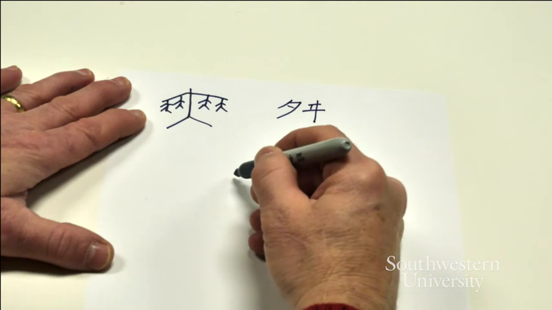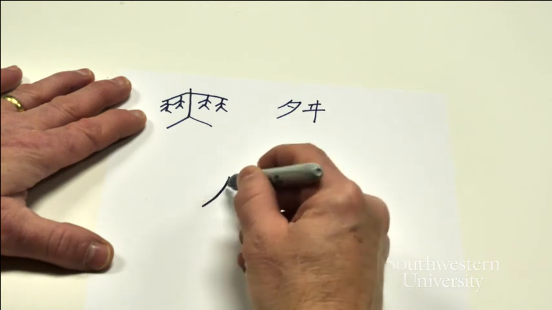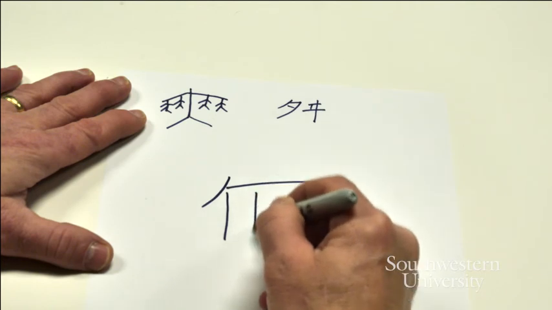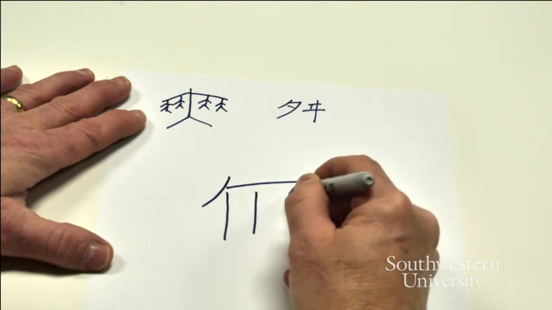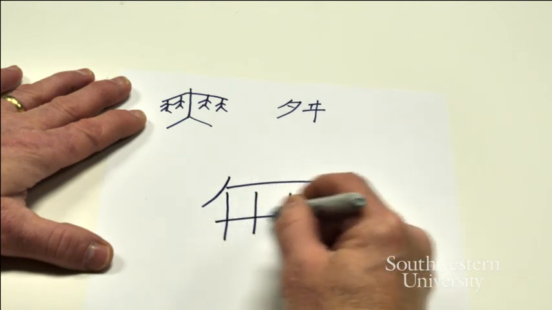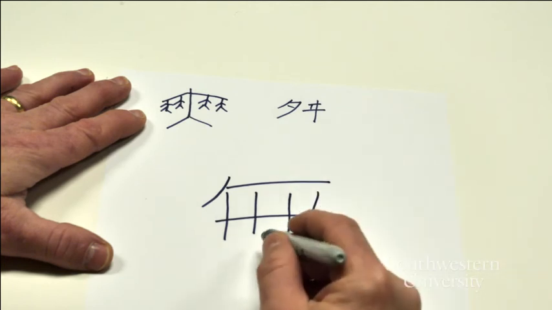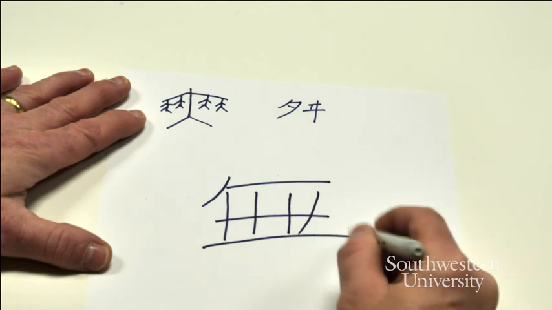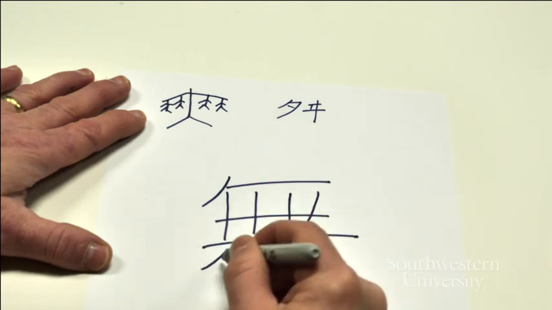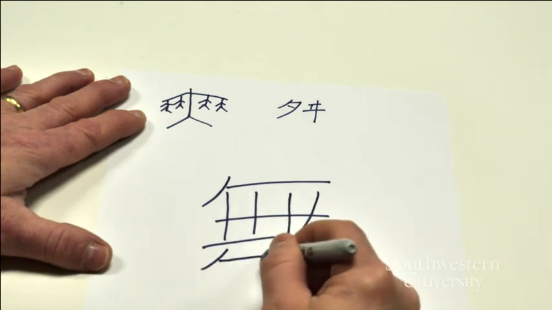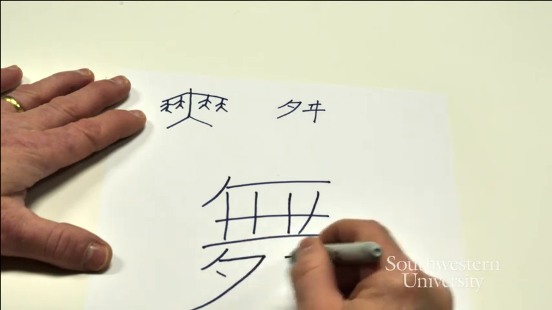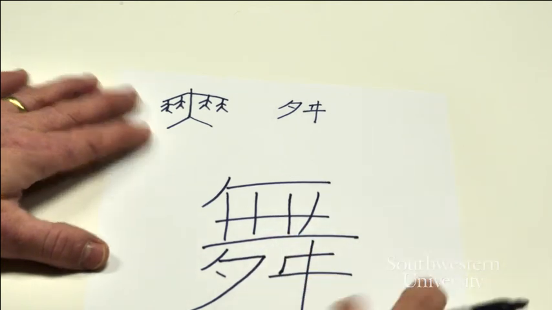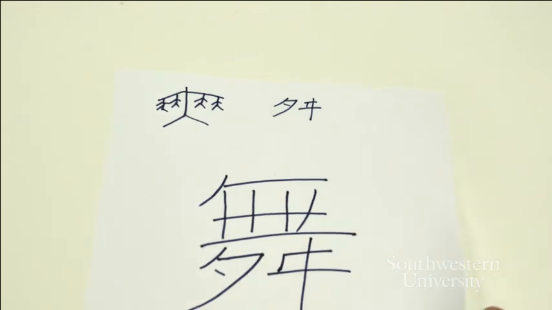So to write the character, you want to write it like that so things wind up in the right place. Wu, to dance.